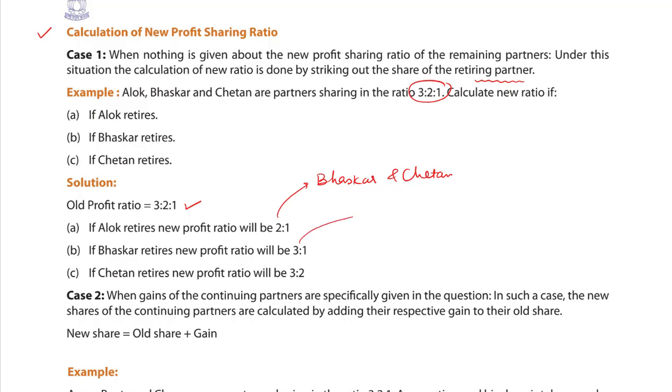If Bhaskar retires, the new profit ratio is 3 is to 1 between Alok and Chetan. If Chetan retires, the new profit sharing ratio between Alok and Bhaskar is 3 is to 2. I believe you understood.